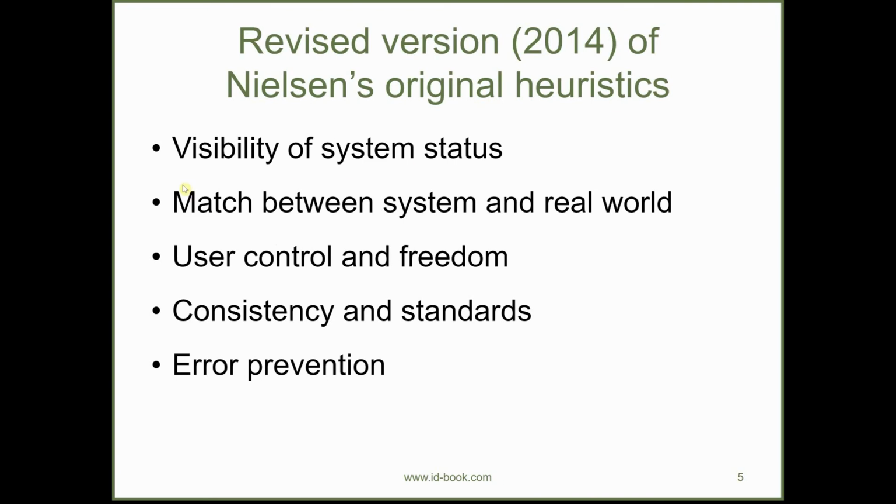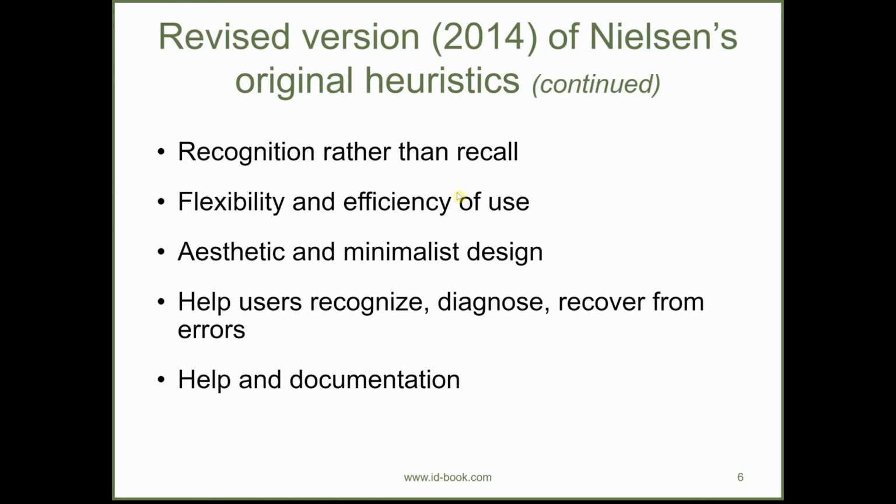We talked about visibility of the system status, match between system and real world, user control and freedom, consistency and standards, error prevention and recognition rather than recall, flexibility and efficiency of use, aesthetics and minimalist design, help users recognize, diagnose, and recover from errors, and help and documentation.